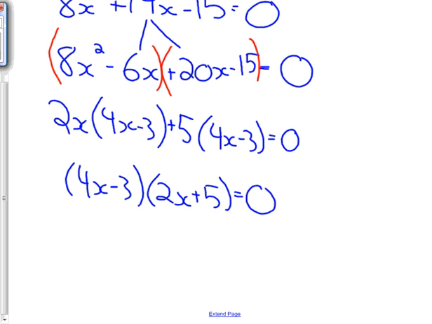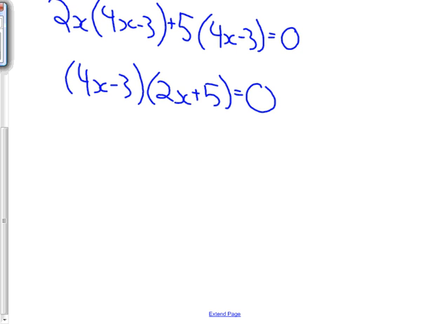Now we have our two factors. Zero product property. Set both of them equal to 0, this equals 0 and this equals 0.